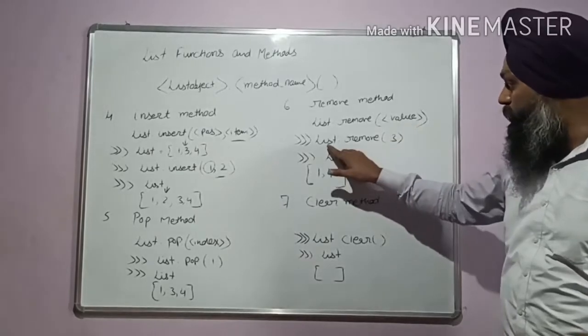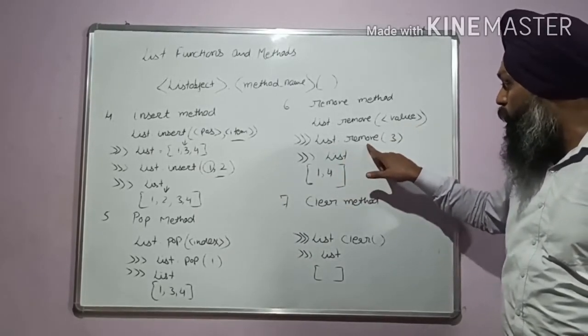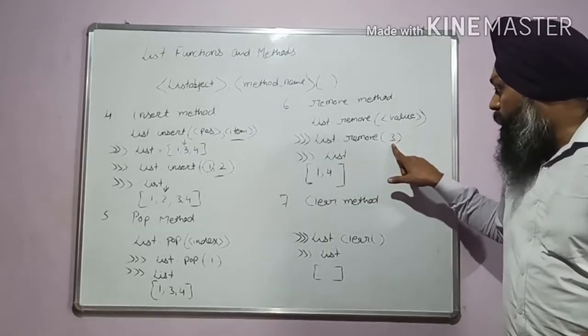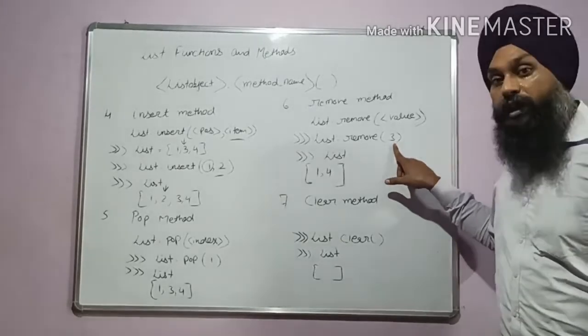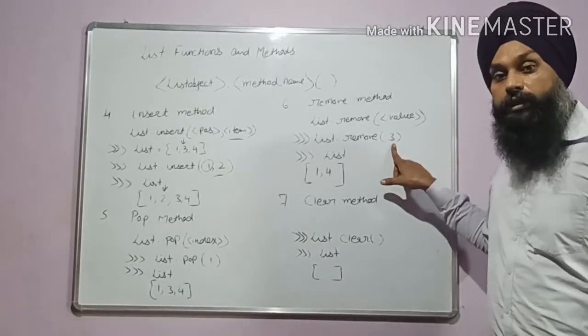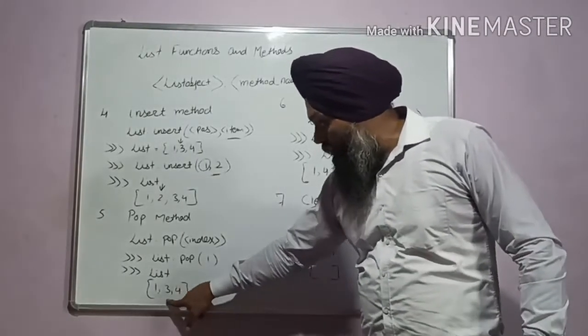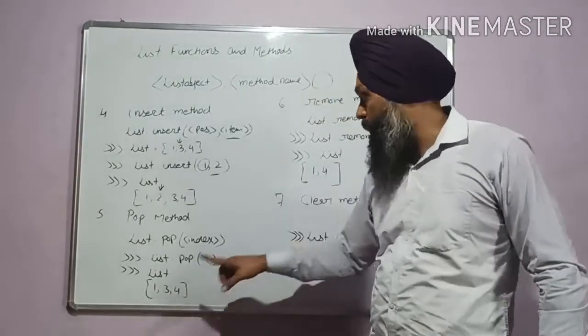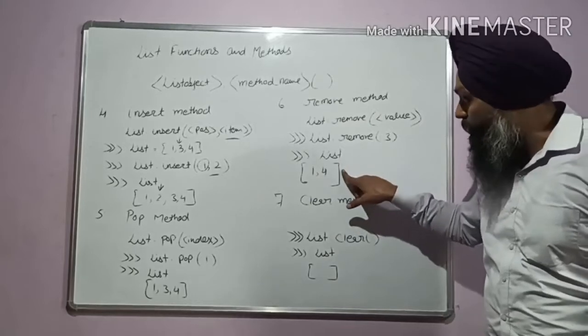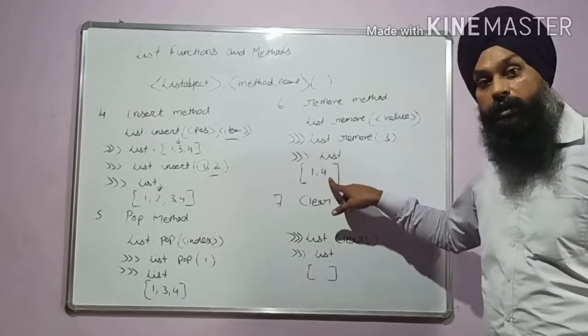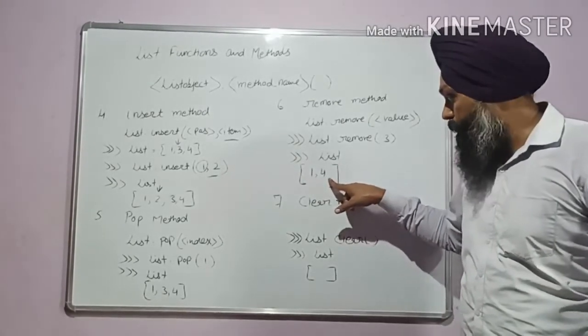So here list1 dot remove, and we have specified the value instead of its index. From this the value 3 gets deleted and we have the list having elements only 1 and 4.